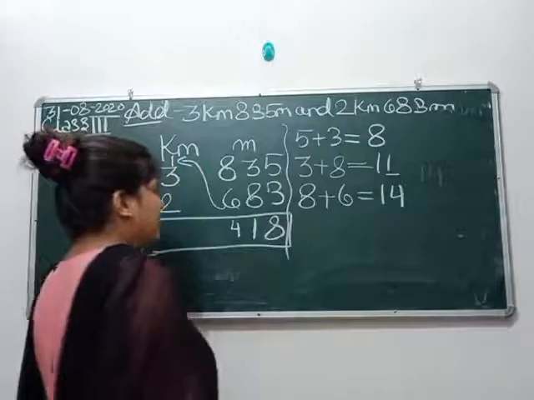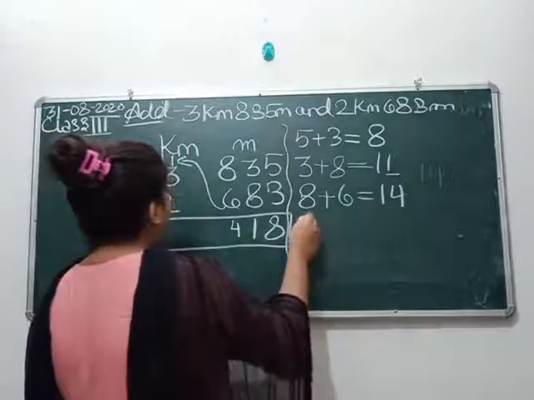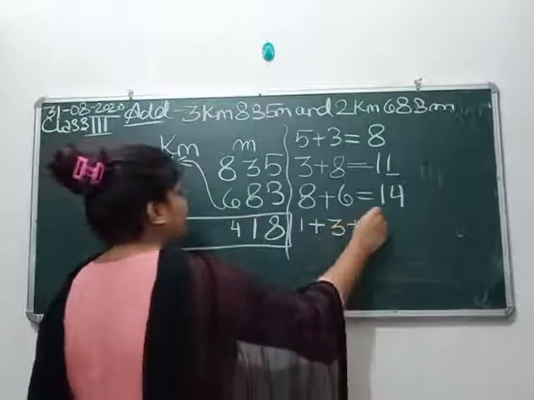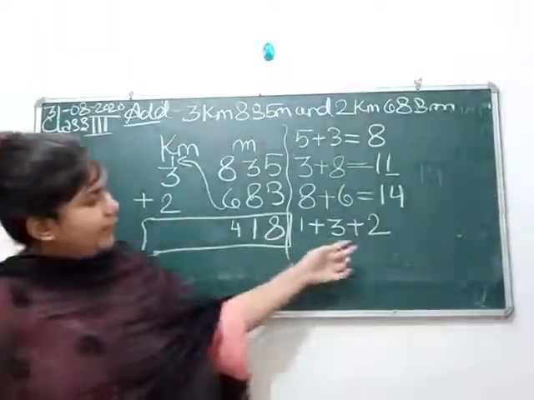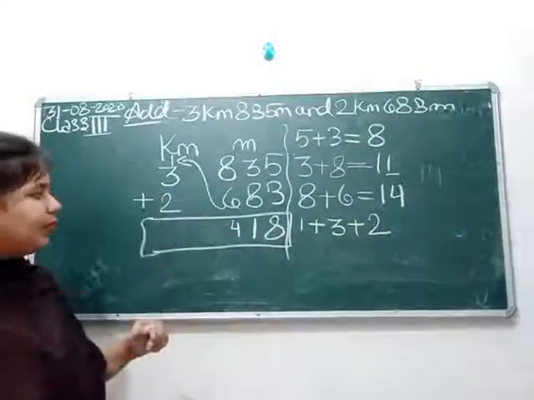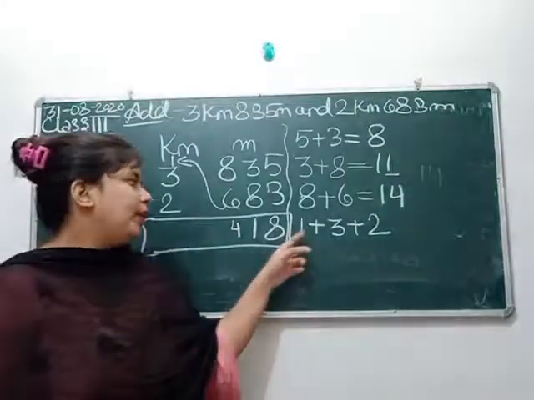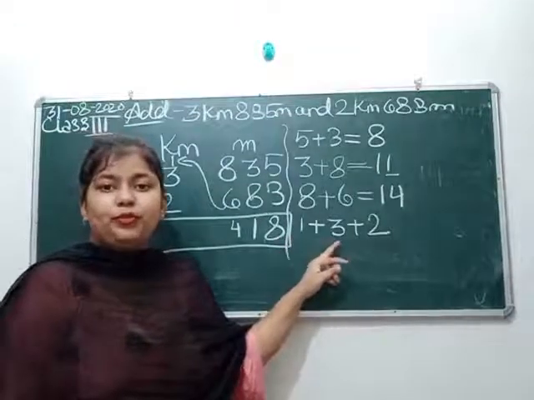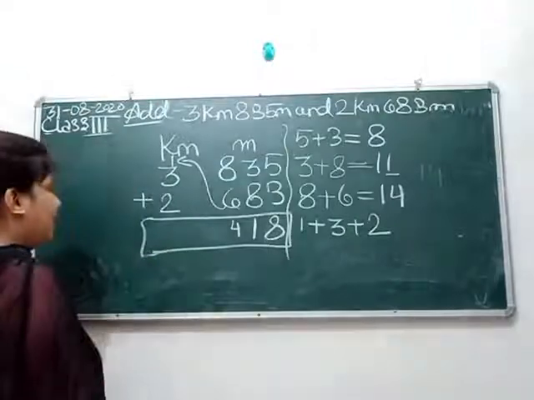Okay, so we get 1 plus 3 plus 2. See, 3 plus 2 is our number that is given here, and 1 is carry. So 3 plus 2, 5, 1, 6.